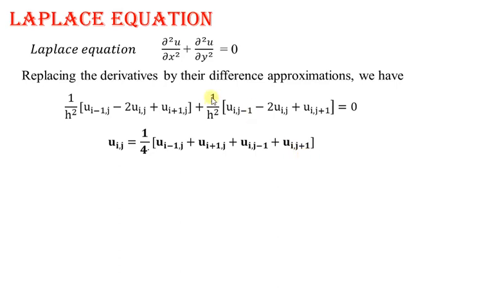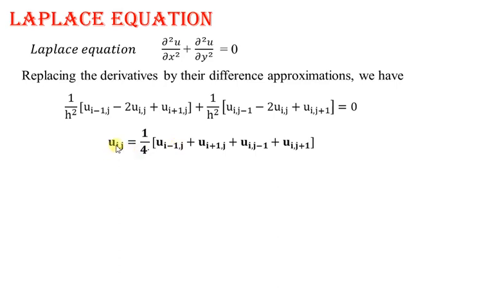Here, as the 1/h² is constant for all the terms on the left hand side and right hand side, it gets cancelled. The 2 and 2 get added, so it will be 4u(i,j), and taking it to the right hand side we get 1/4 into all the other terms. This formula is called the 5-point standard formula, as it contains 5 points.